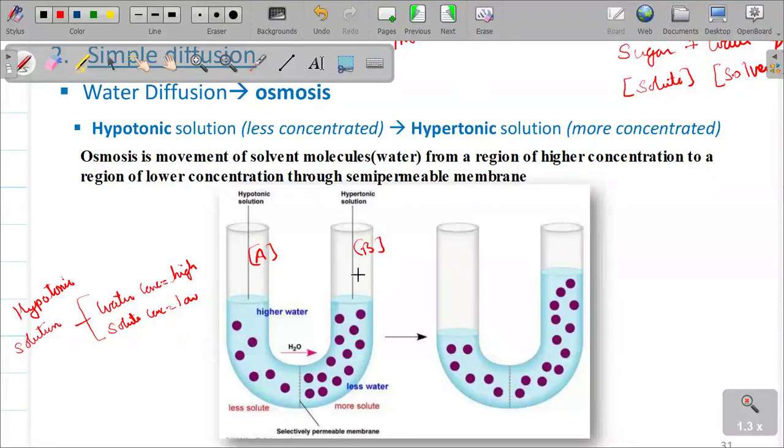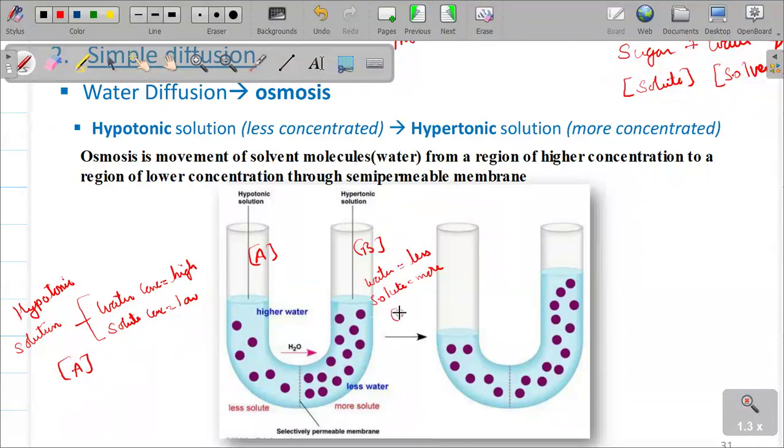At the same time, compared to cell A, here the water concentration is comparatively less. Solute concentration, which is given in purple color, is more. The molecules go from higher concentration to lower concentration. In cell A, water molecules are more because solvent molecules are very high.